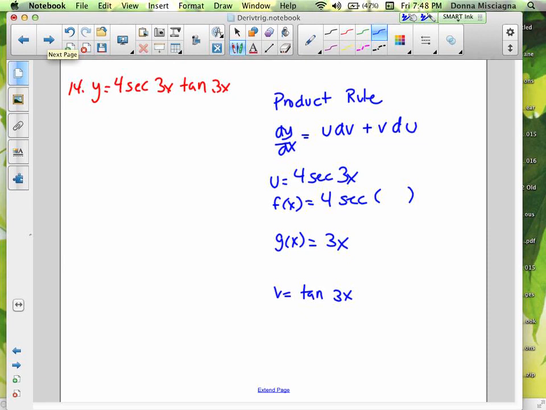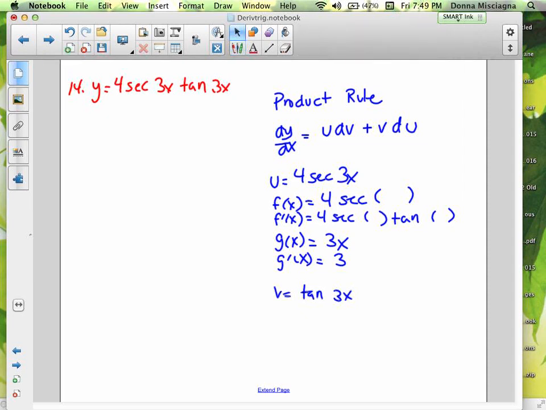All right, so let's take care of this one. The derivative of 4 secant blop is going to be 4 secant blop tangent blop, and the derivative of the blop, the 3x, is 3. All right, so before we do that, let's write down our derivative.